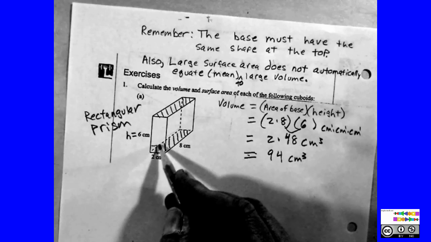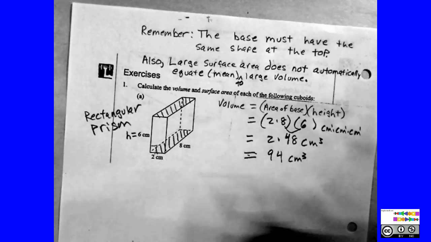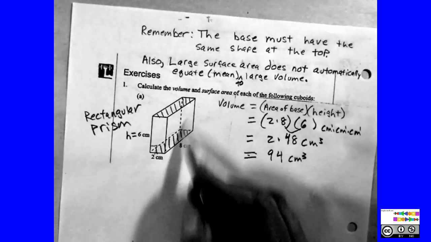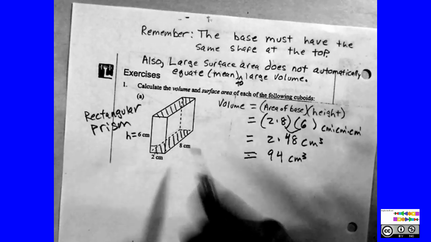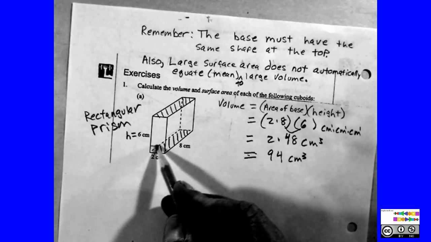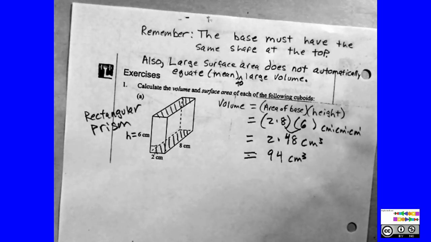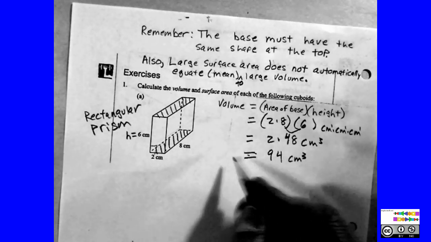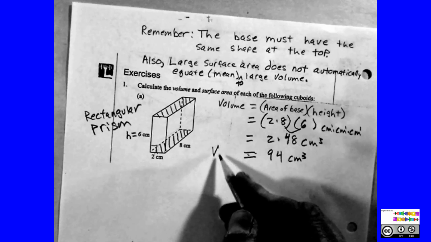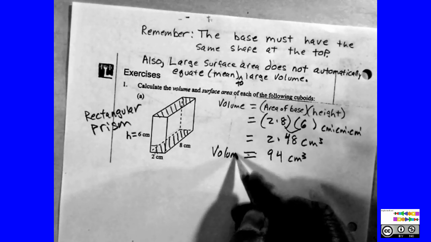We would put a little cube here and we'd count 96 cubes in this shape, 96 one by one centimeter cubes. So that's the volume.